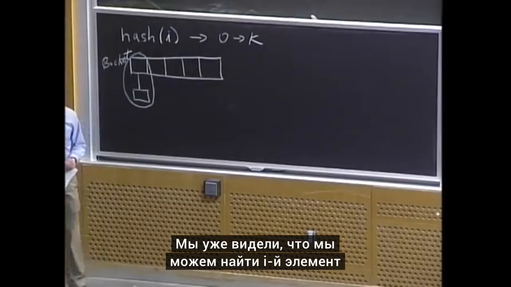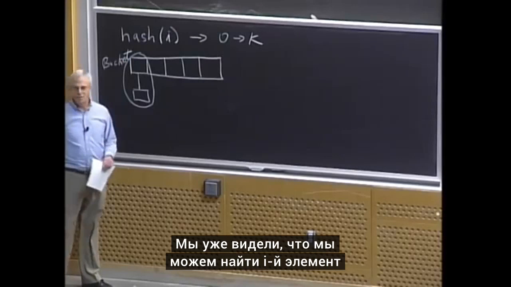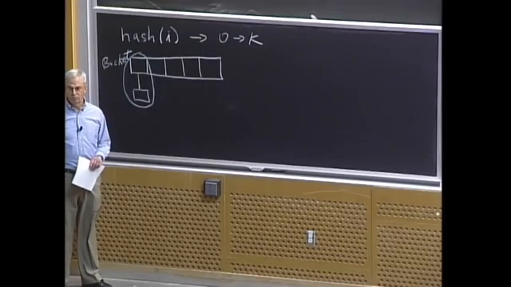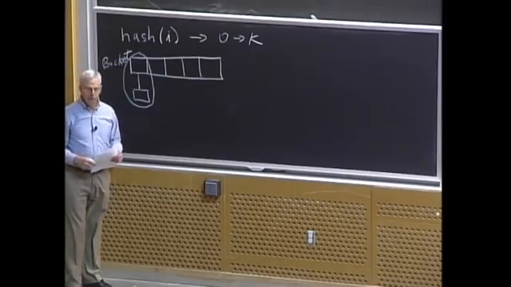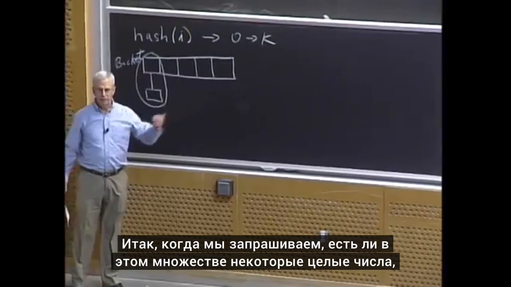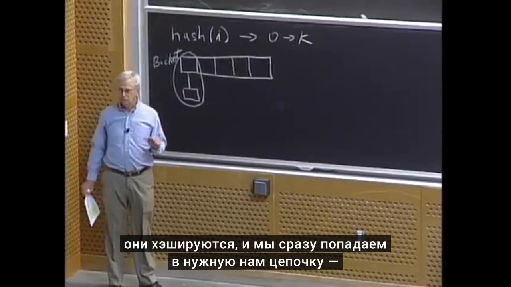We've already seen that we can find the ith element of a list in constant time. So when we ask whether some integer is in this set, we'll hash it.